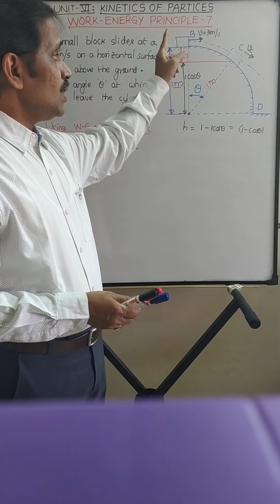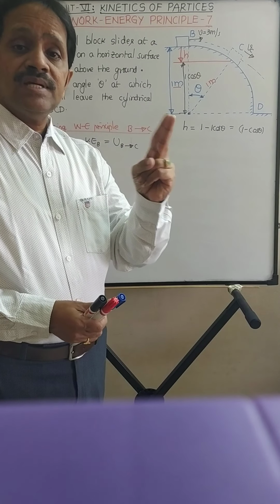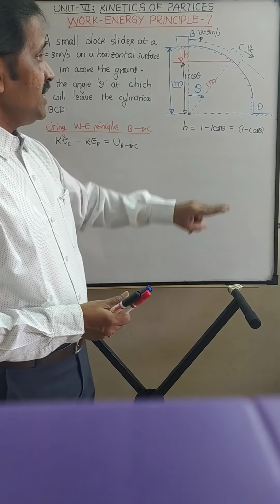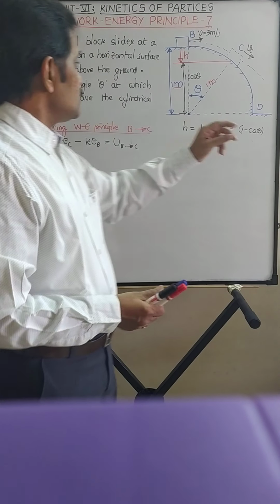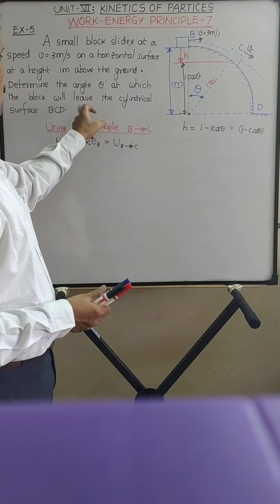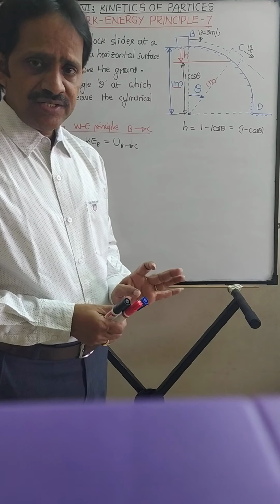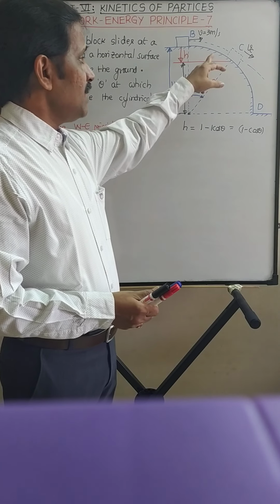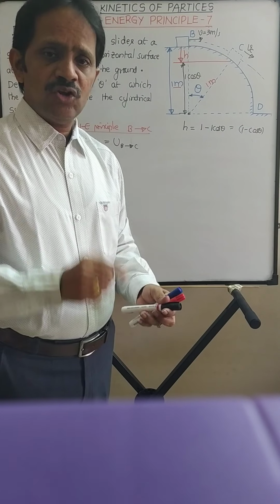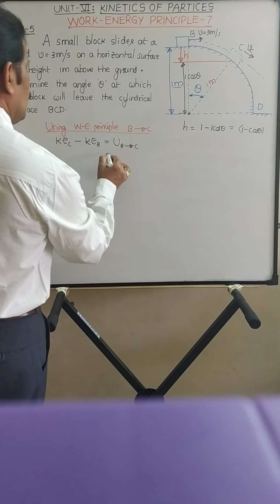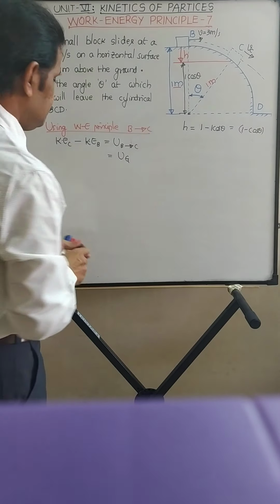Before that, you tell me what are the forces acting on the block when it is moving from B to C. Yes, there are two forces acting: one is the gravitational force and the second is the normal force. There is no friction, the coefficient of friction is not given, so the friction force is neglected, right? Out of these two forces, work done by the normal reaction is always 0, as there is no displacement in the normal direction. So you have only work done by gravity, right?